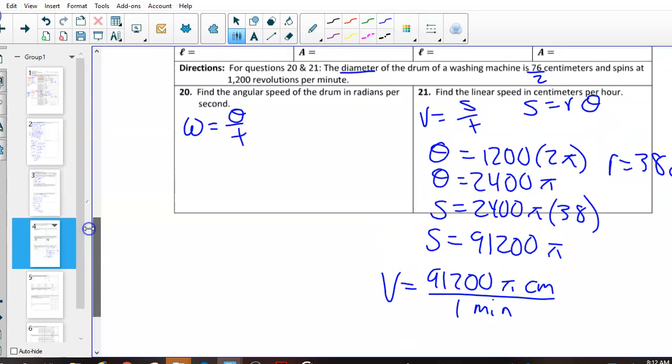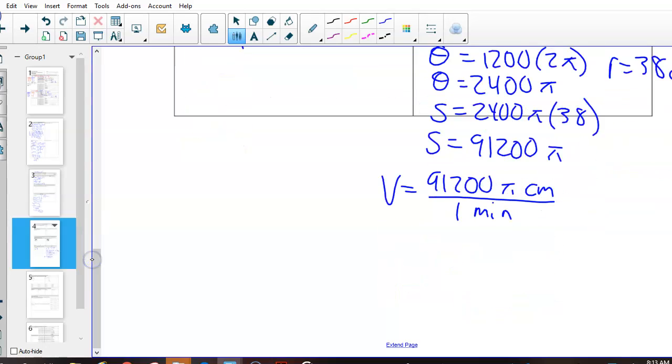And we need it in centimeters per hour. So we're multiplying by 60, over 1, so that we can get centimeters per hour.